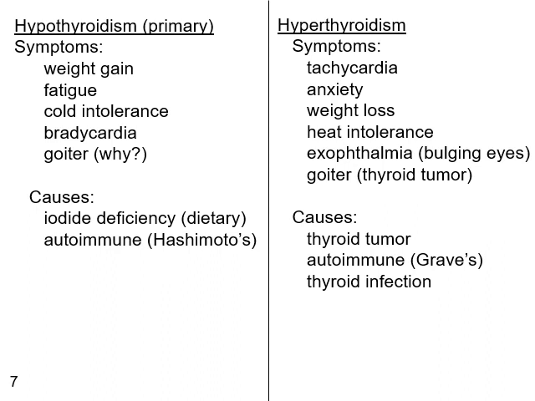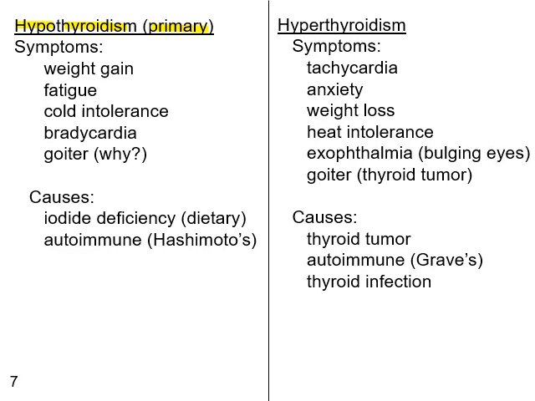So let's use the knowledge of thyroid endocrinology and talk about some of the abnormalities of thyroid. Hypothyroidism, low production of thyroid hormone, is a medical problem. What would we call primary hypothyroidism?